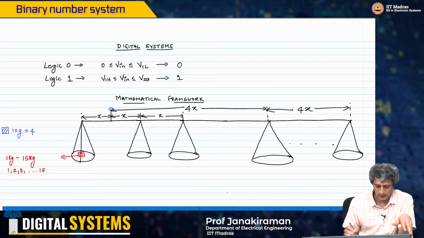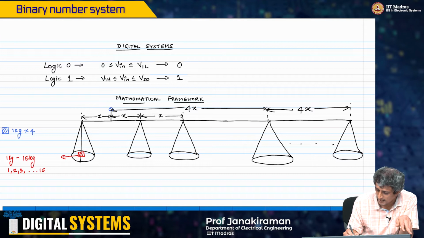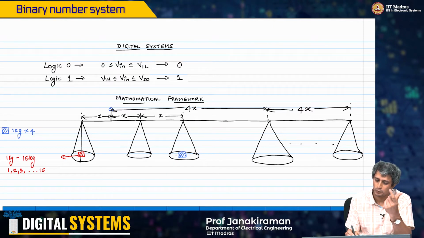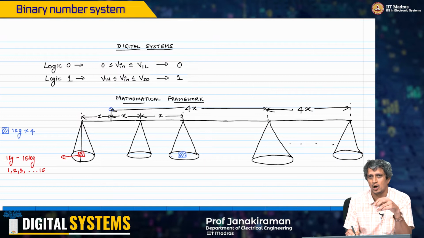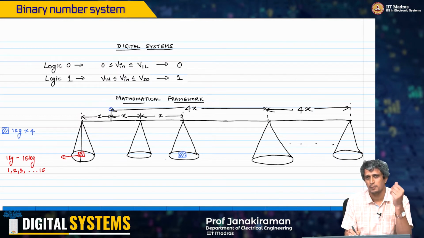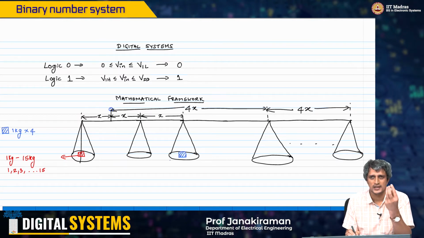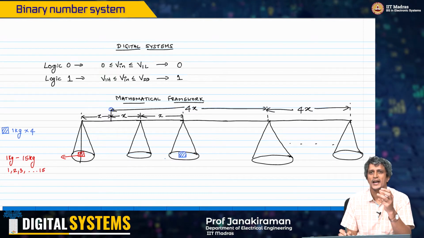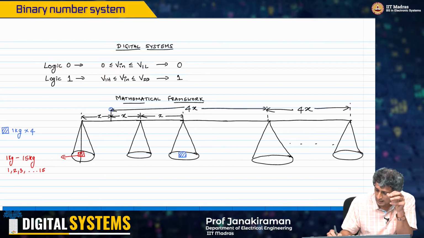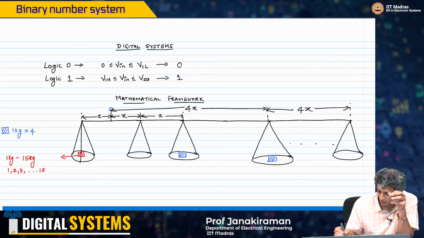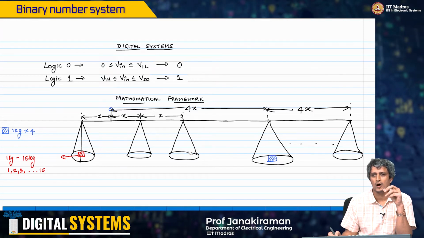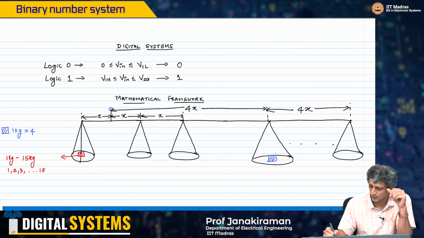So what happens is if I place a 1 kg block here, the effective torque, or the moment in physics parlance, that the weighing balance would experience on the right hand side is going to be 2x into 1 kg. Now on the other hand, if I place a 1 kg here, right, and I'll just take this off, then it would experience a moment of 4x into 1 kg, right.